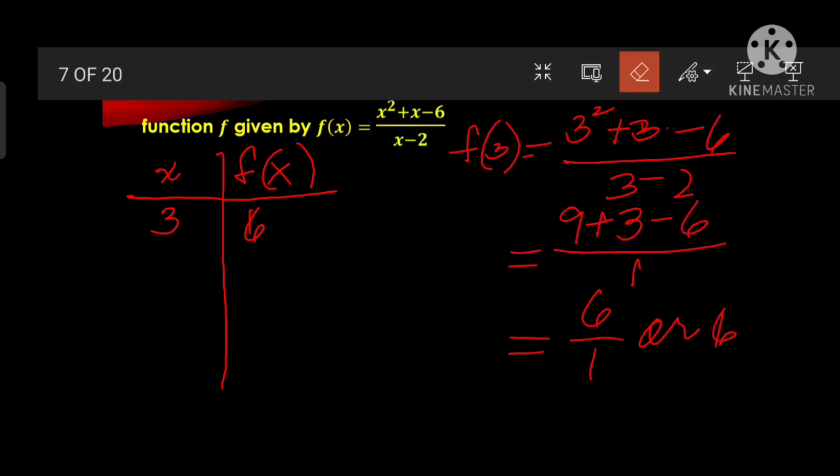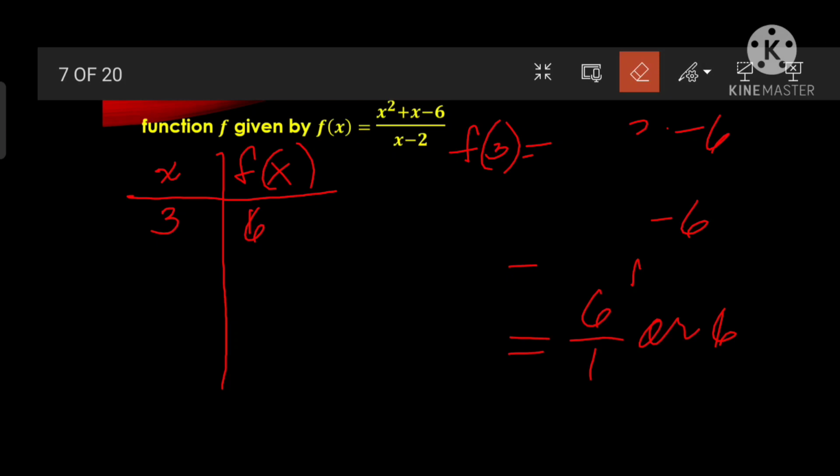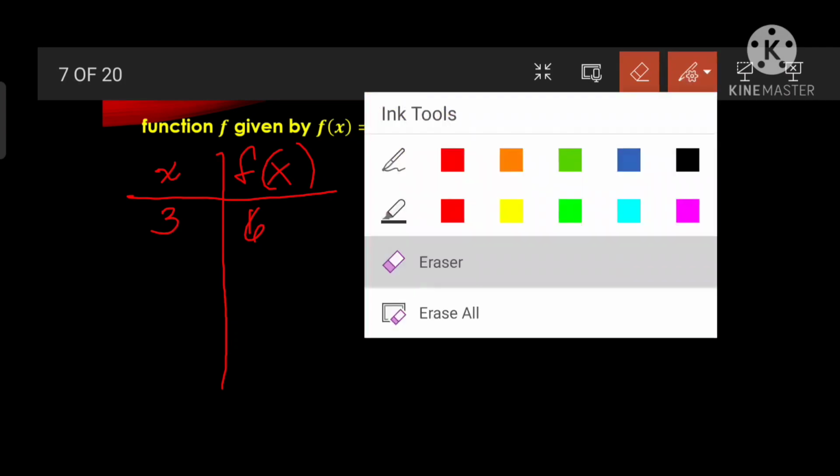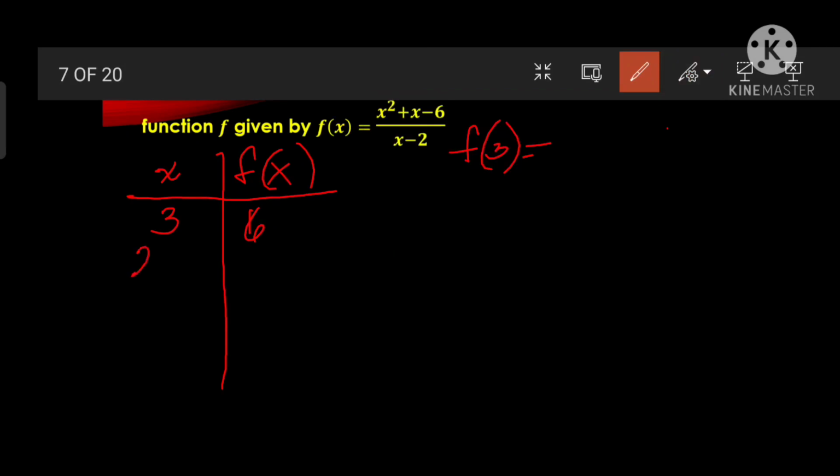Okay? Then earlier, the next number we assigned for x is 1.5. This time, let's have 2.5.